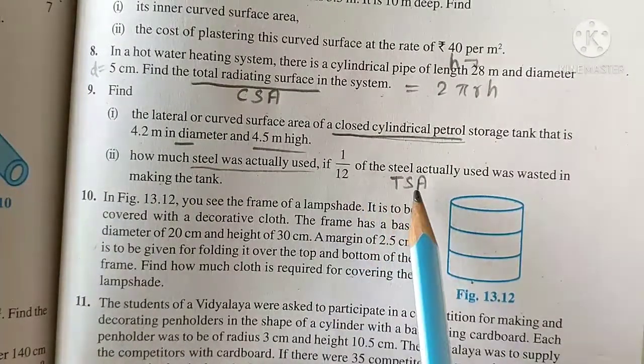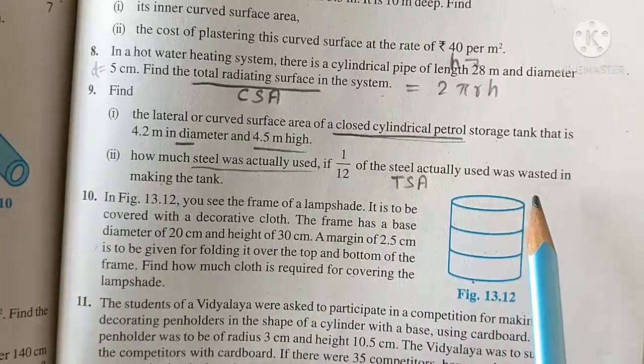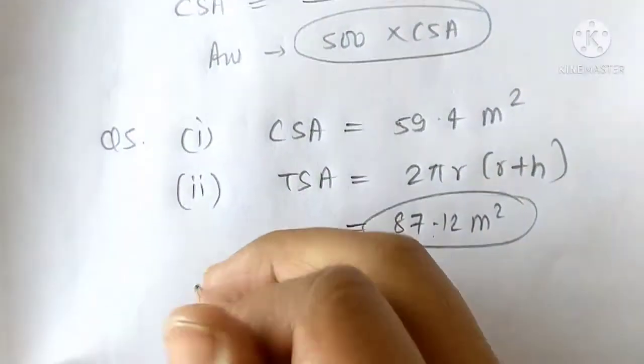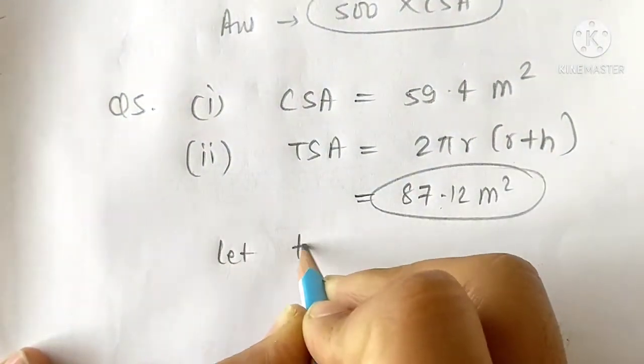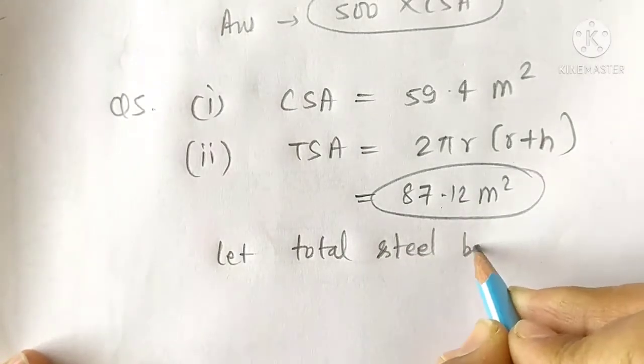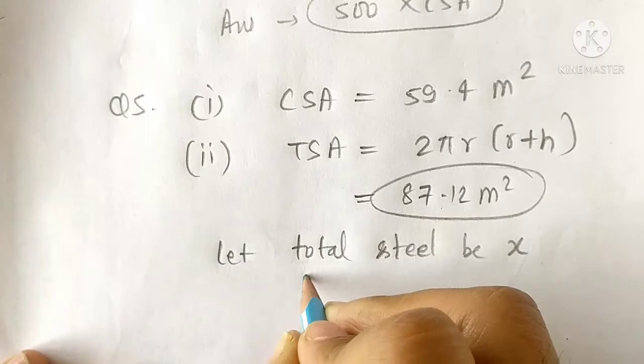If 1/12 of the steel actually used was wasted in making the tank, so 1/12, let the total steel be X. Therefore, how much is wasted?